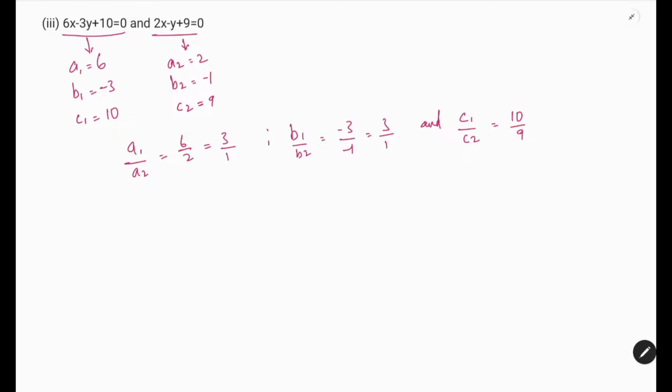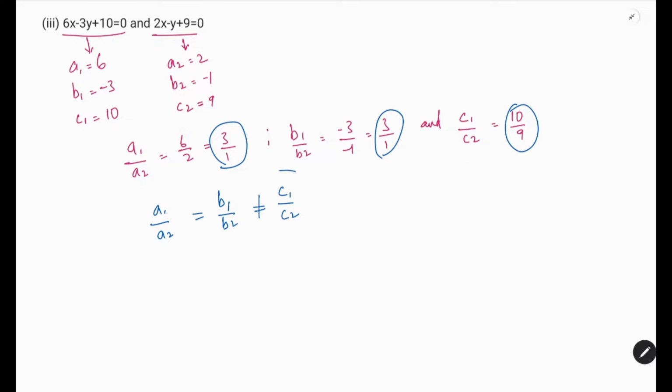From these three ratios, we can say a1 by a2 equal to b1 by b2, this 3 by 1 equal to 3 by 1. But is b1 by b2 equal to c1 by c2? It is not. 3 by 1 is not equal to 10 by 9.